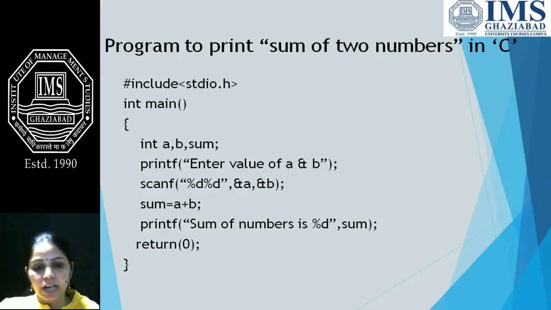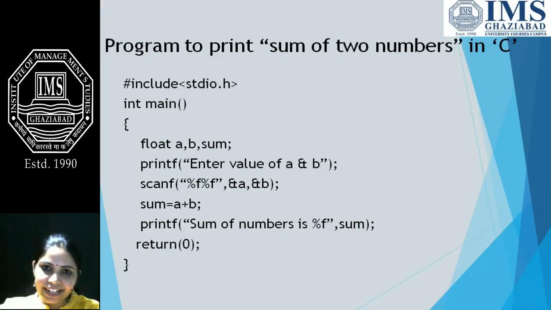So here we have %d, comma, &a, comma, &b. It would be asking two values from me. Whenever I give the values, it would calculate the sum, and the sum of the numbers would be displayed to me.